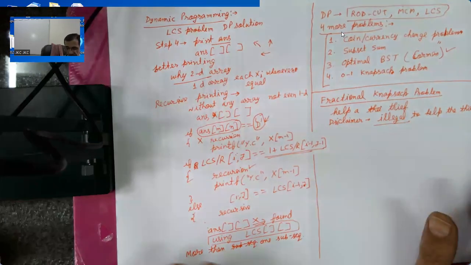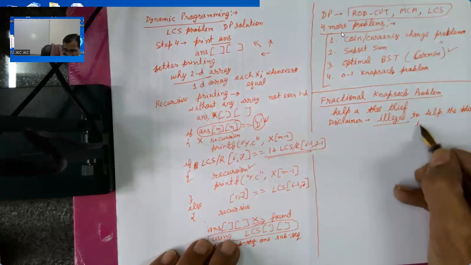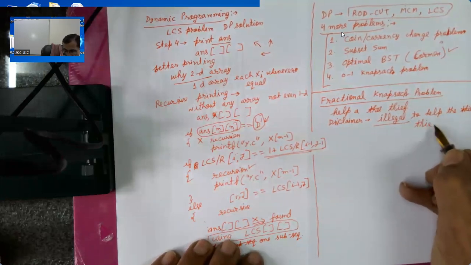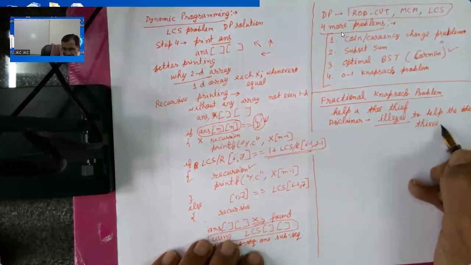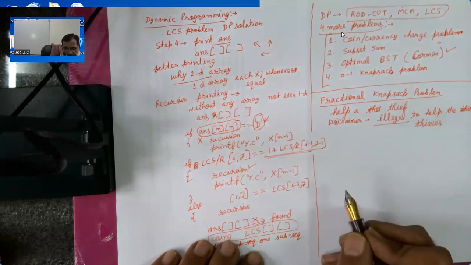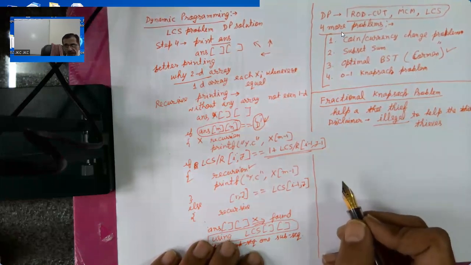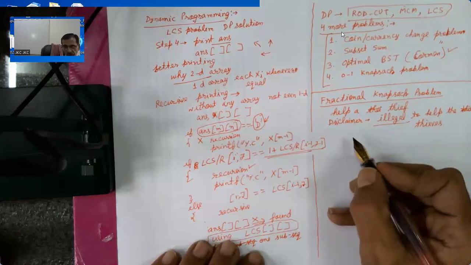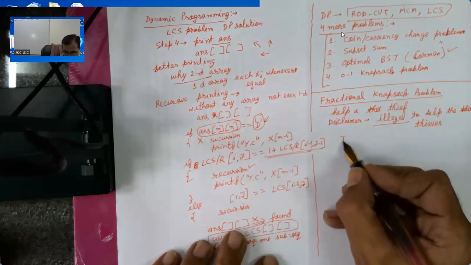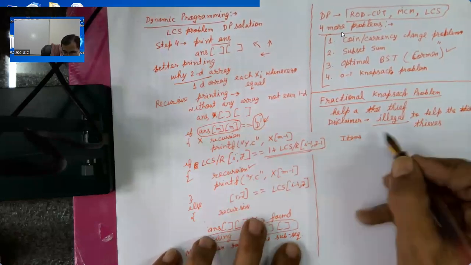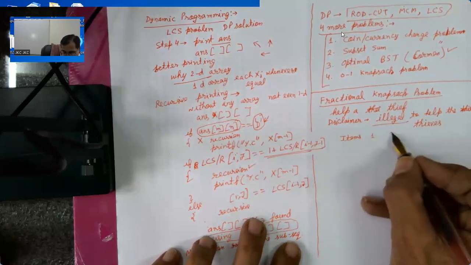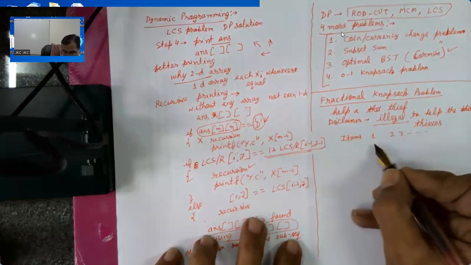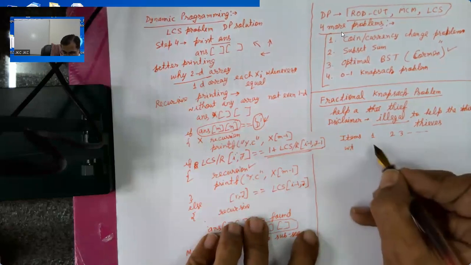The problem says that there is a thief who has gone to some shopping mall and he has a capacity which he can maximally carry. There are lots of items lying there, say items 1, 2, 3, 4, etc. Item-wise, the corresponding weight is available.